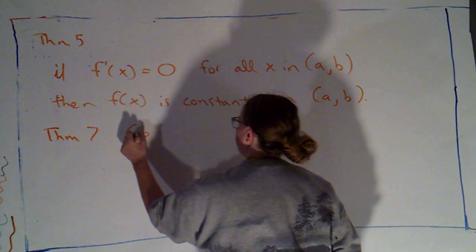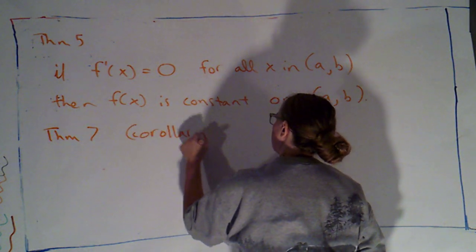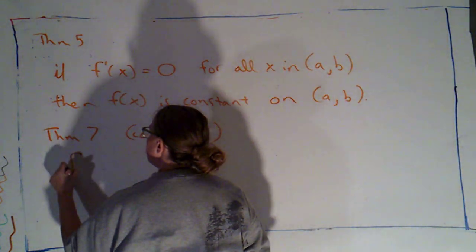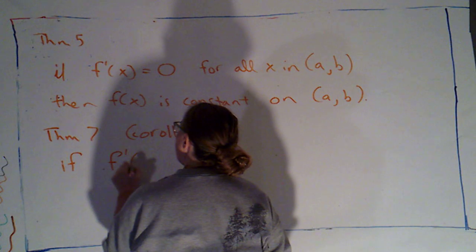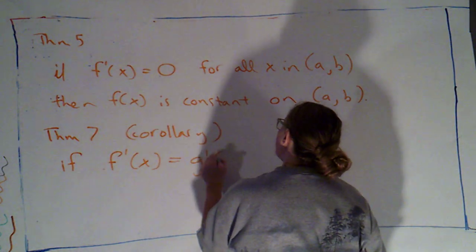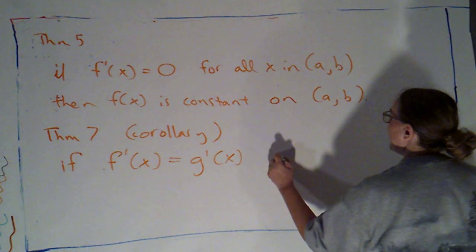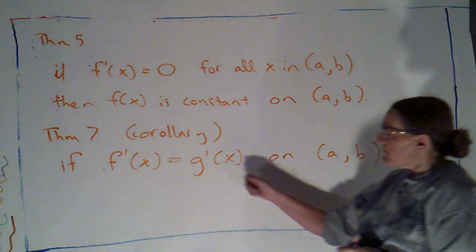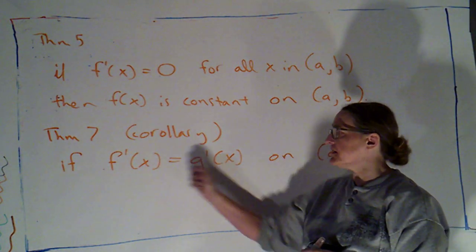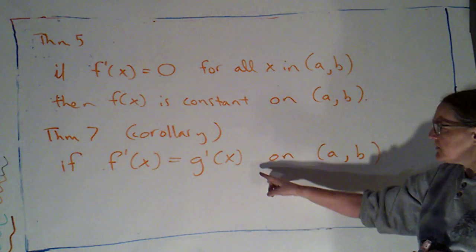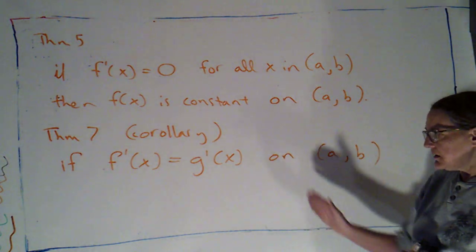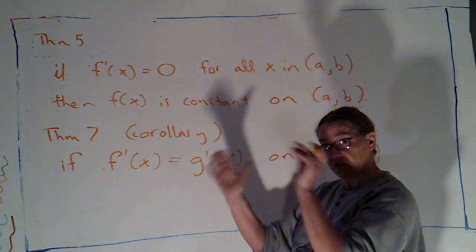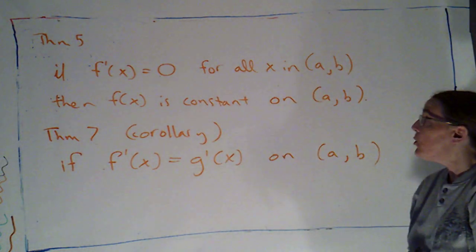Okay. Theorem 7 is a corollary of this. And it says this: if f prime of x equals g prime of x on the interval from a to b. So if I have two functions whose derivatives are the same, now notice, if I subtract over, the derivative of f minus g, which is just f prime minus g prime, would be 0.